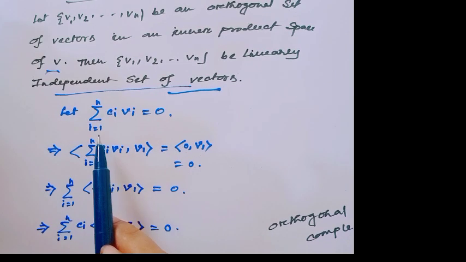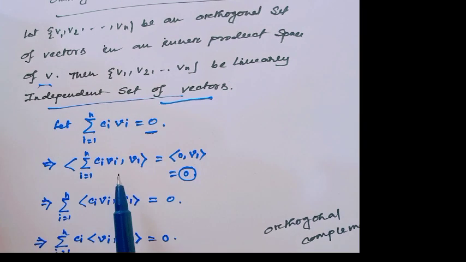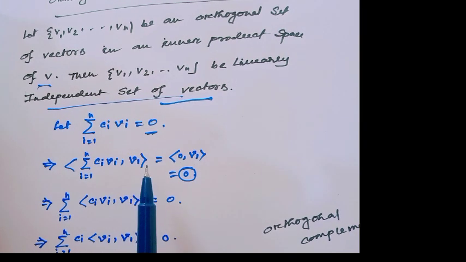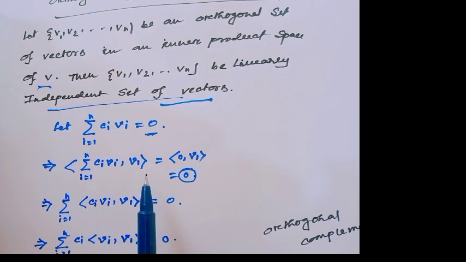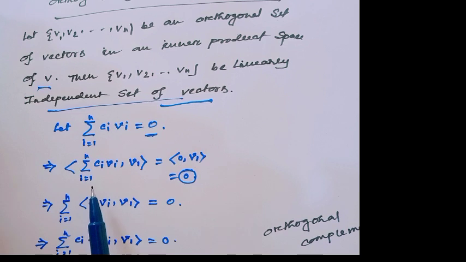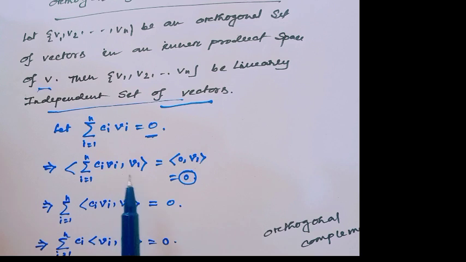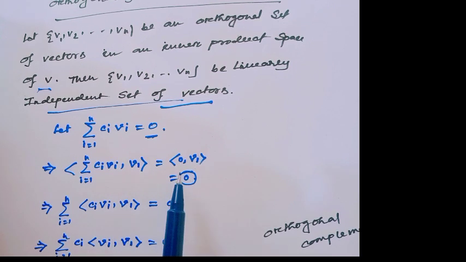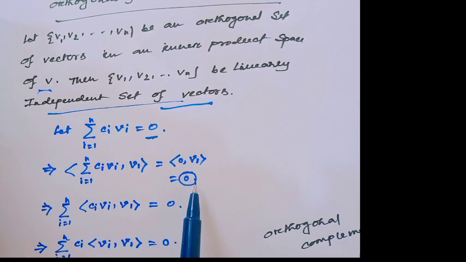Consider summation i equals 1 to n of ci vi equals 0. Now take the inner product with the vector v1. That is, the inner product of summation ci vi with v1 equals the inner product of 0 with v1, and obviously this is equal to 0.